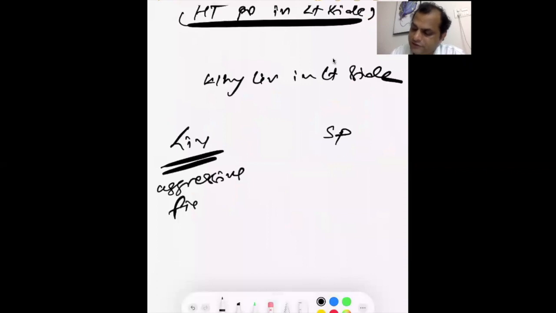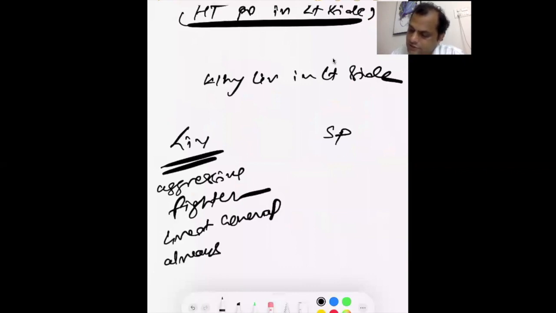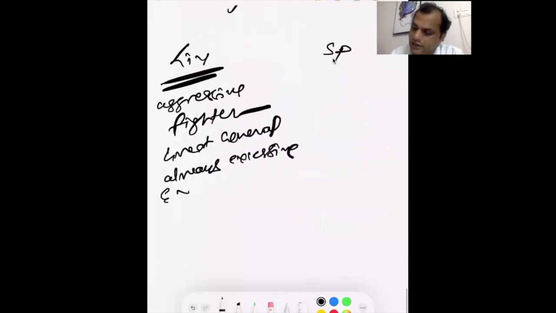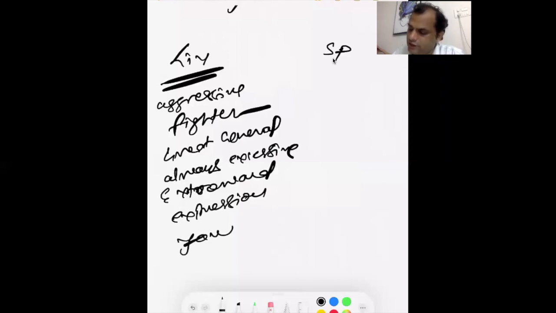Liver is a fighter. Liver is like a great general. Liver is always excessive. Liver means extrovert. Liver means expression out. So this is the more yang. So it is going in the left side because left is yang.